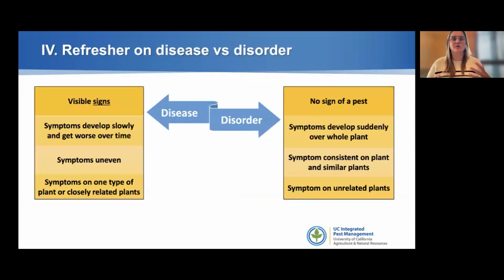So I have this little disease disorder chart. Visible signs are the signs that we mentioned at the beginning that are signs of a pathogen. That means you've got a disease present.